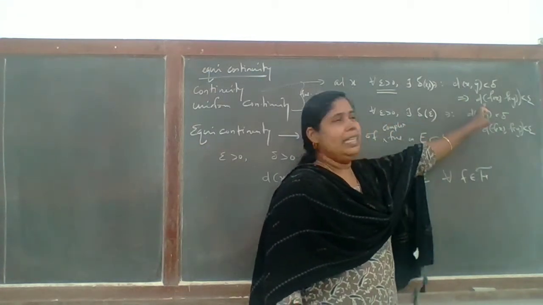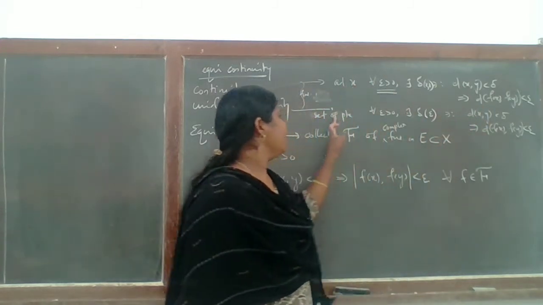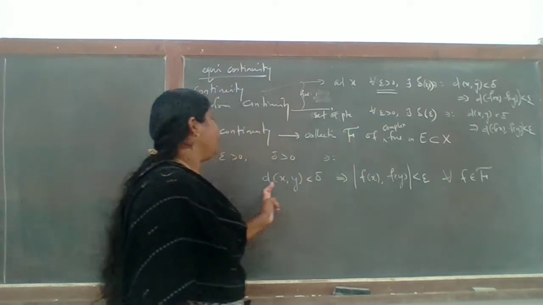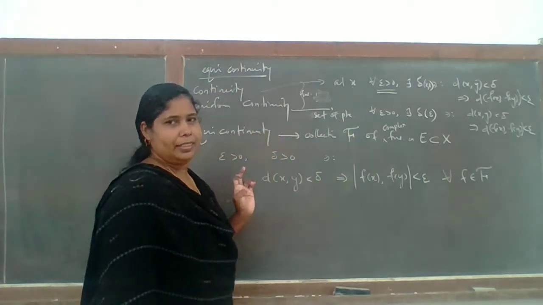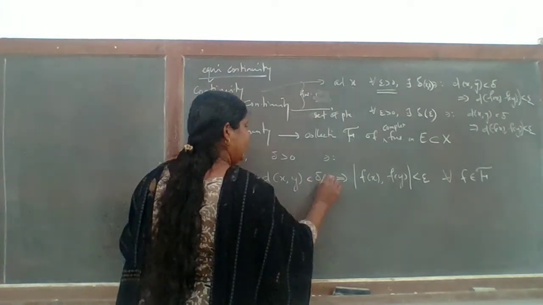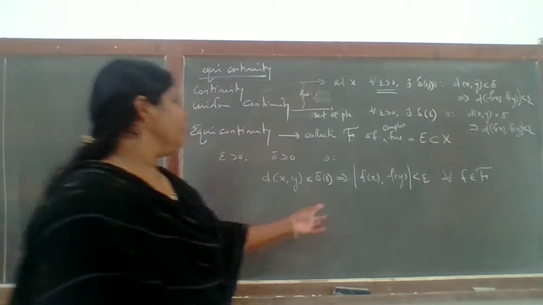Okay, so this is only for a single function at a single point. This is a single function at a set of points, and this is meant for a collection of functions. So this delta again depends only on epsilon, and this must be true.